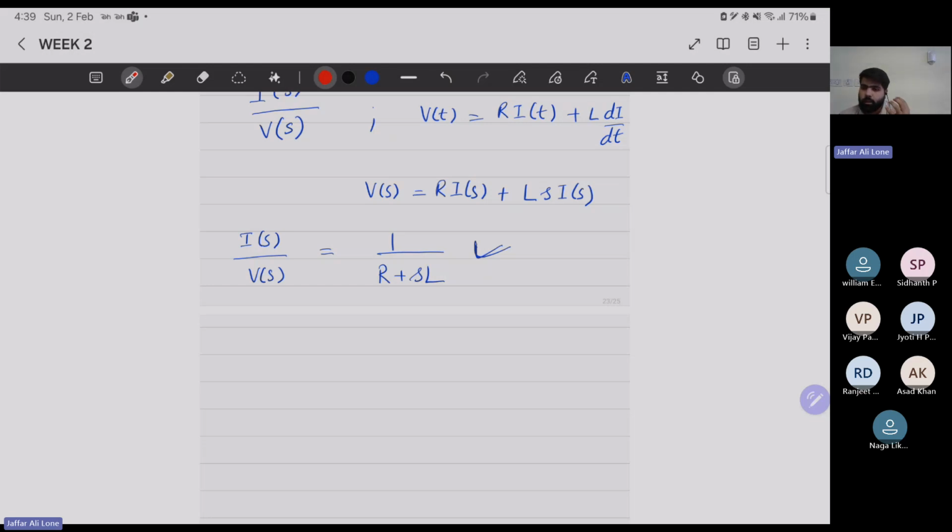Then the output will be dependent on input and the transfer function, but the transfer function has nothing to do with input. I will give one input, the mobile has the same transfer function, I'll only get a different output. Similarly, other people will also give some input. The person will get the other output, but yeah, the transfer function remains the same. So it is independent of the input. You have to remember this. Now there is this question in your assignment.